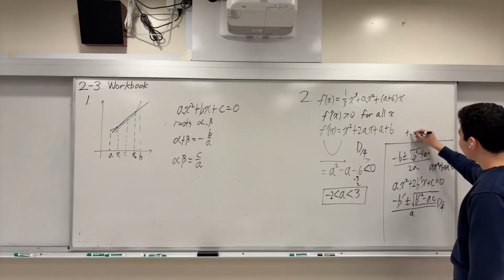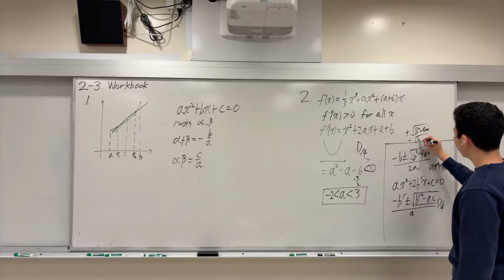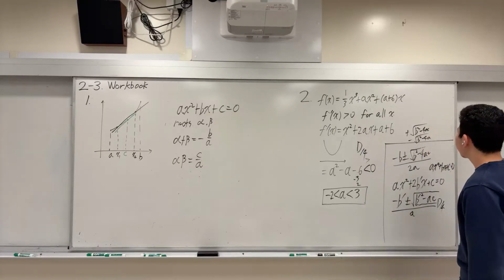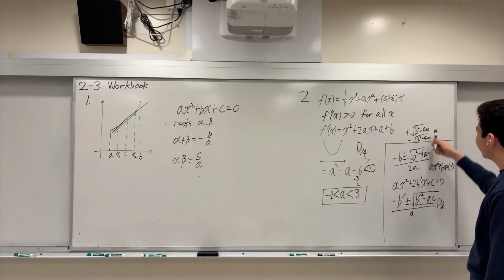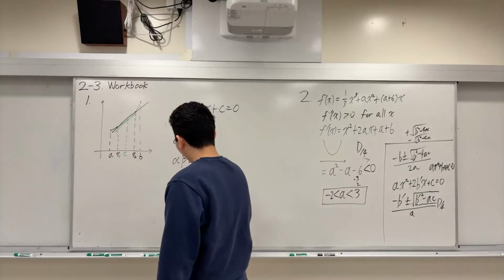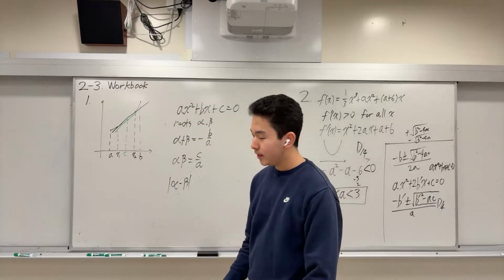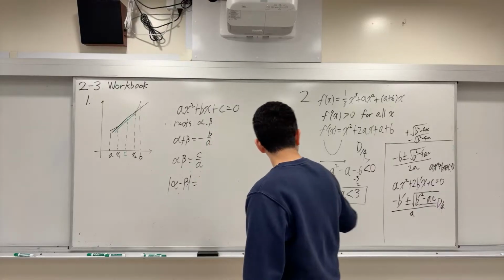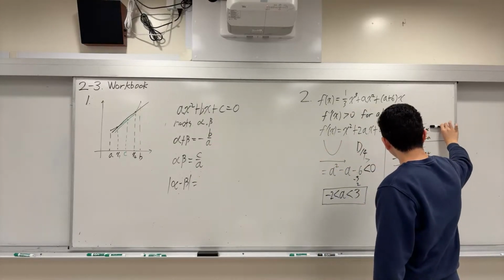One is going to be plus square root of b squared minus 4ac, and one is going to be minus square root of b squared minus 4ac, right? So if you're going to take the difference of the two roots, the negative b will cancel out, and this value will be doubled. So alpha minus beta, and let's put an absolute value on it, is going to be, now, we're going to subtract this from this, right?